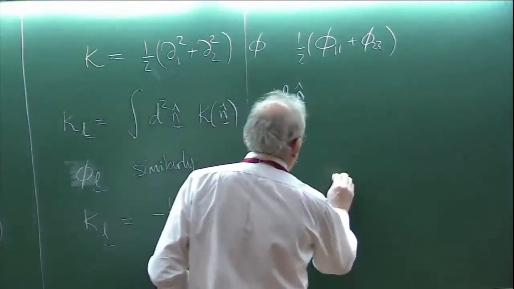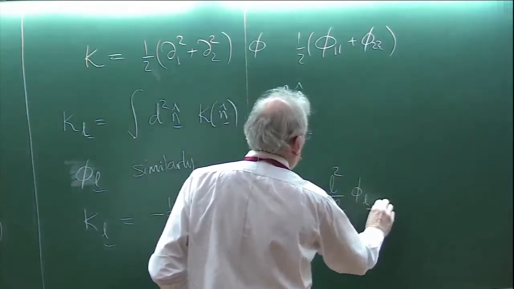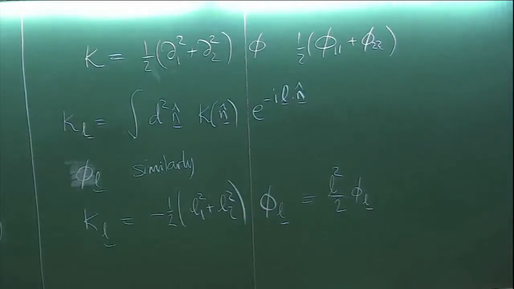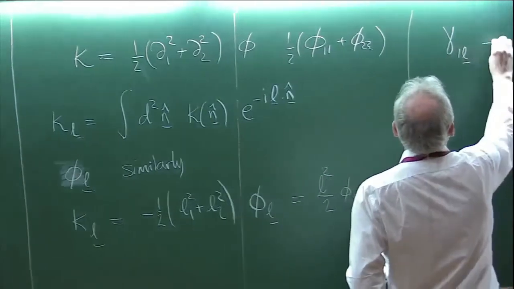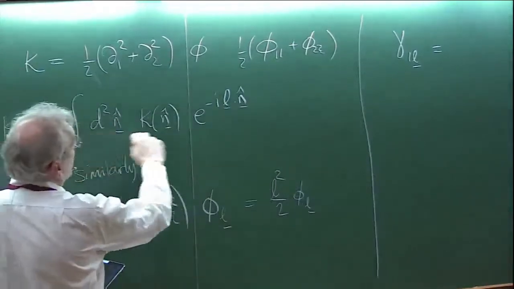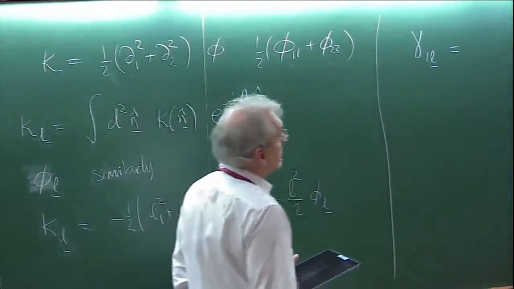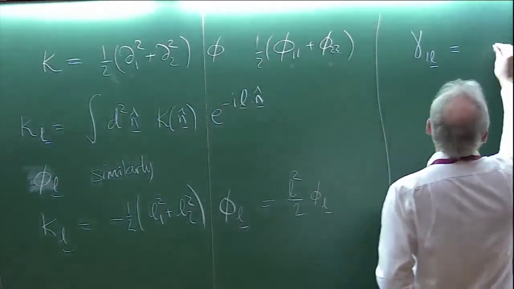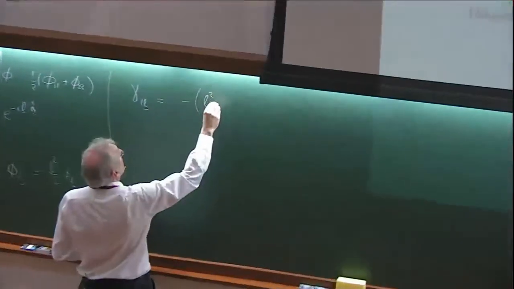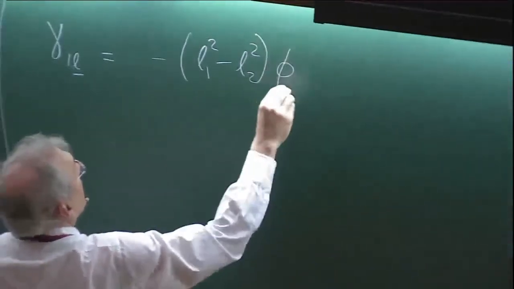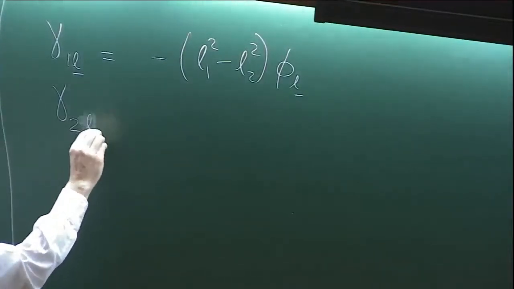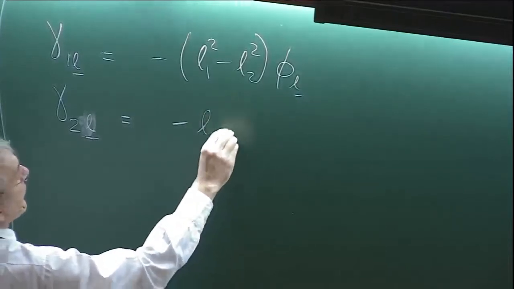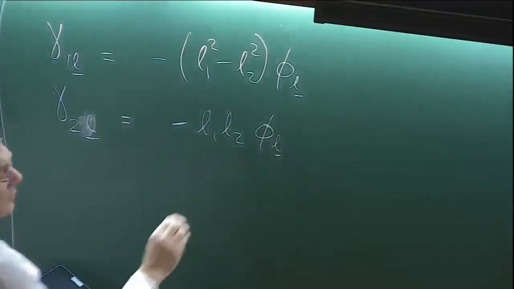So that's just simply L squared over 2 times phi L. And for the shears, you can do something very similar. So gamma 1L, you may recall, so gamma 1 was phi 11 minus phi 22 over 2, so that becomes minus L1 squared minus L2 squared phi L. And similarly for the cross component, that becomes minus L1 L2 times phi L.